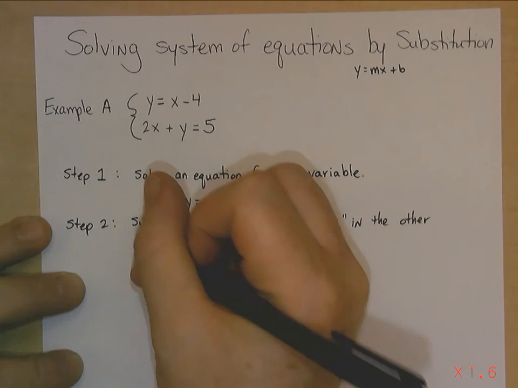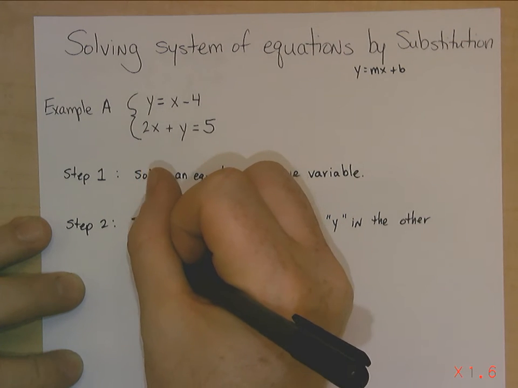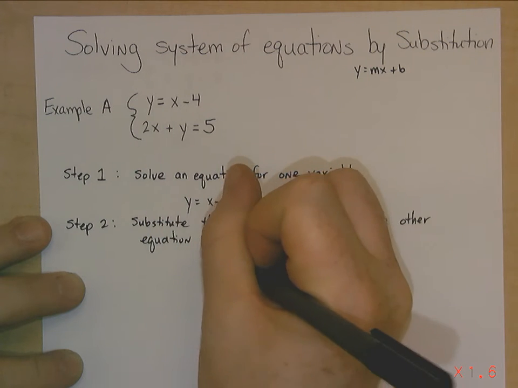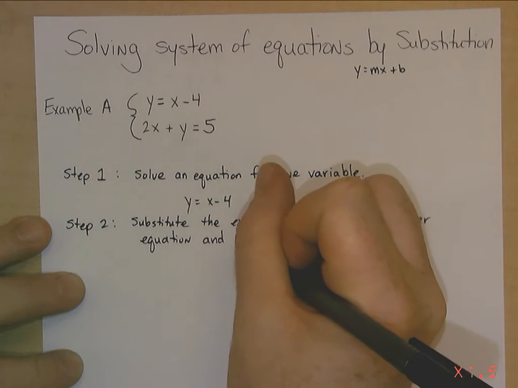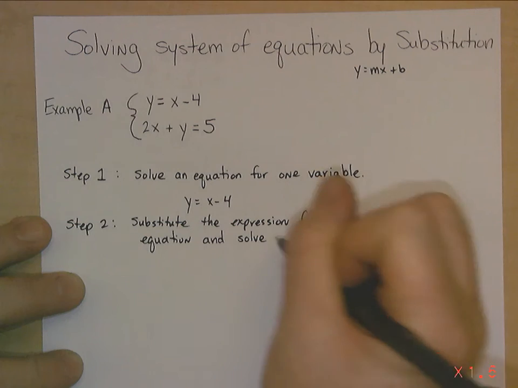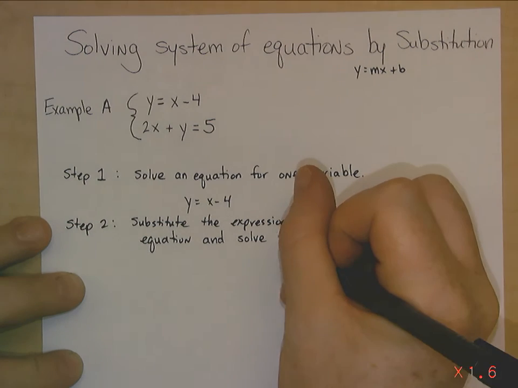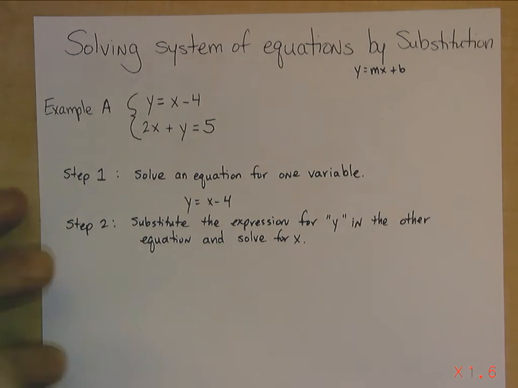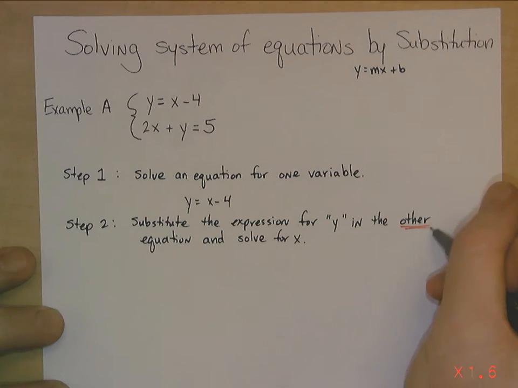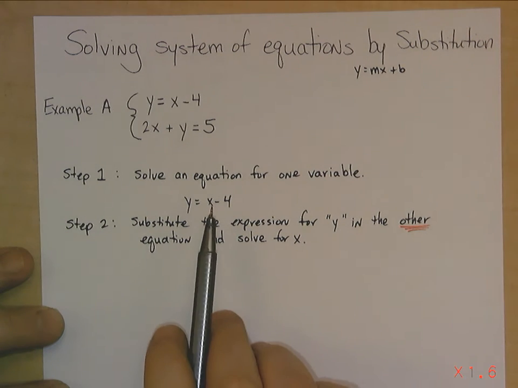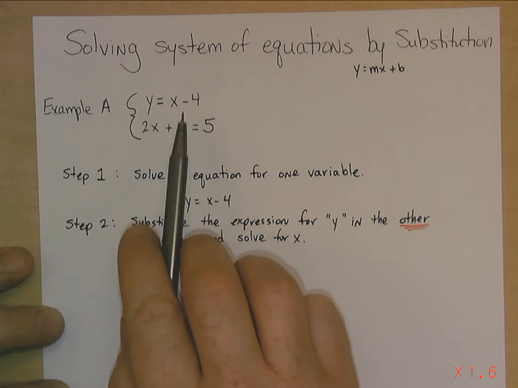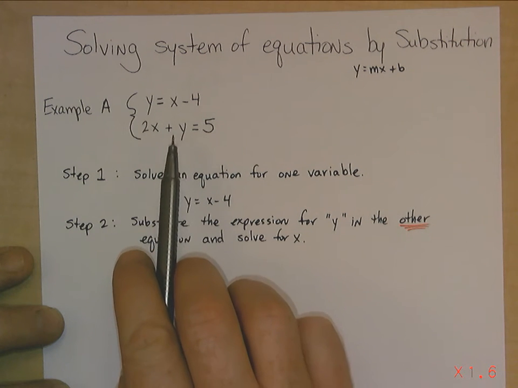Key word there, other equation, and solve. In this case, we're going to be solving for x. Let me highlight that. Other, not the same one. This was one of our equations, right? The whole thing's the equation. This is the other equation, so we're using that one.